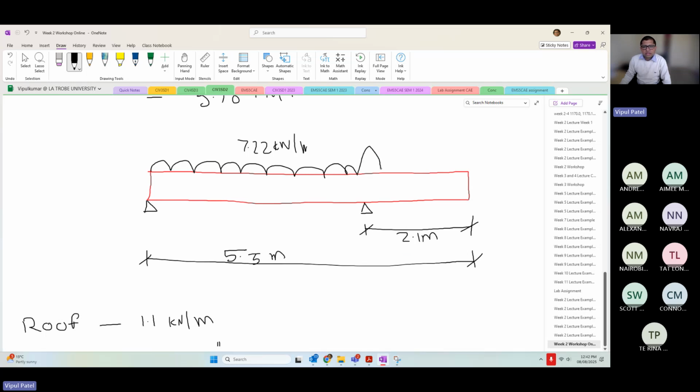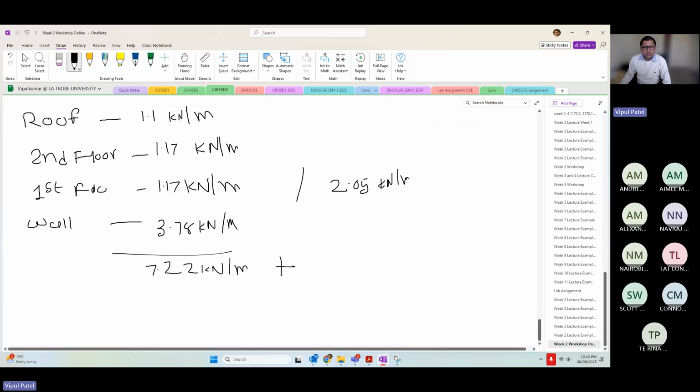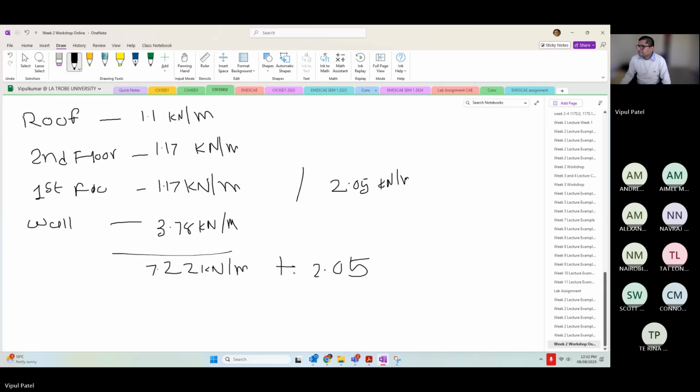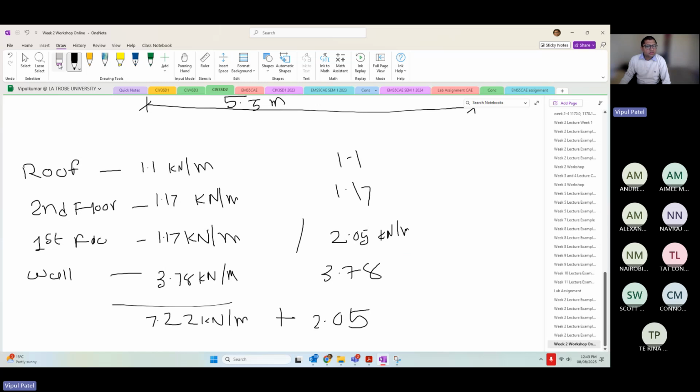Now in the balcony, this is a little bit bigger, and that balcony will have an extra 2.05. So you have 1.1, 1.17, 2.05, and 3.78, right?